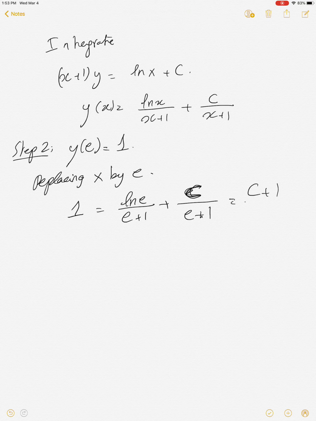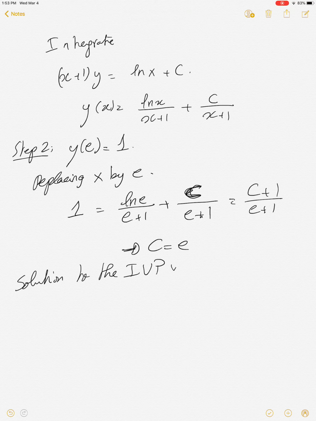So this gives me (c+1)/(e+1), and this implies that c = e. So the solution to the IVP is y(x) = (log x + e)/(x+1).